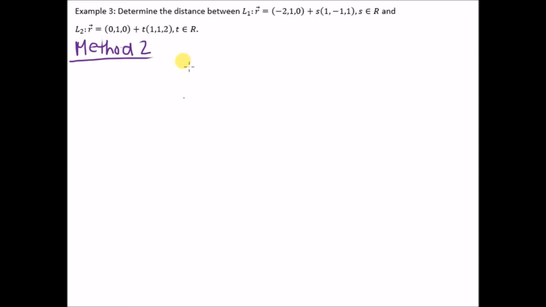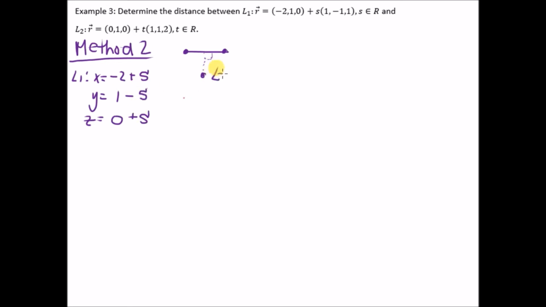That's method 1. Okay, so same question. We're going to determine the distance between these two skew lines, but we're going to use method 2. So we're going to use the fact that when we join 2 points, the distance between a point and the other line is going to be perpendicular. What we want to do is write out L1 in parametric equations first: -2, 1, 0, plus s, -s, and then plus s.